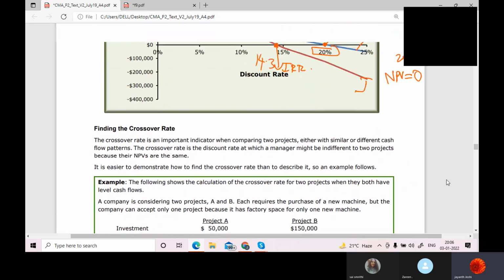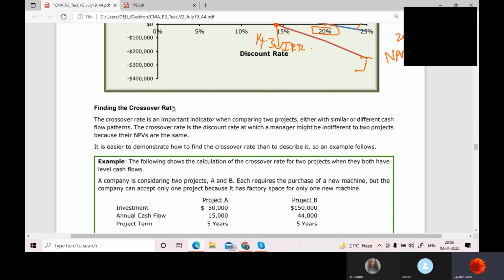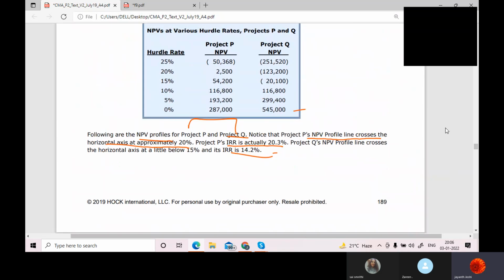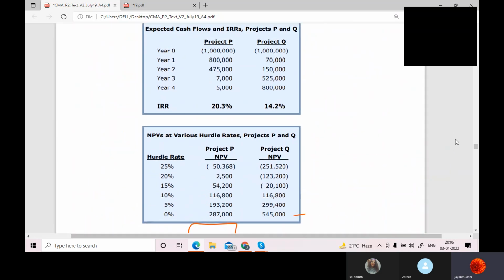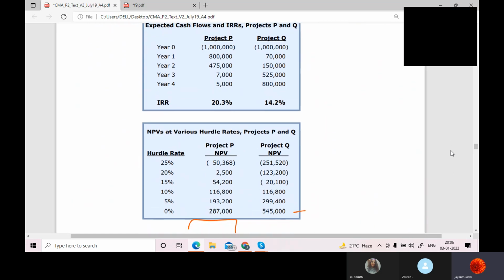Okay. So whatever we have discussed today, please go through that. Tomorrow we will do finding the crossover rate. The conclusion we have drawn today is, whenever there is a mutually exclusive project and you have to select any one out of two, what is the most reliable method?